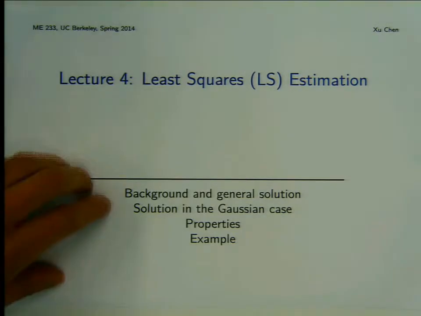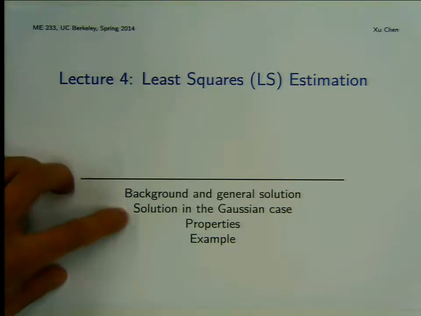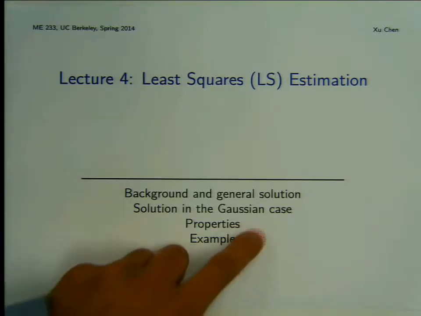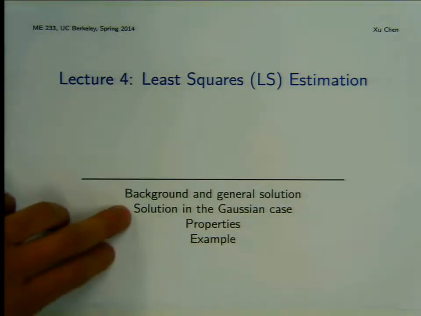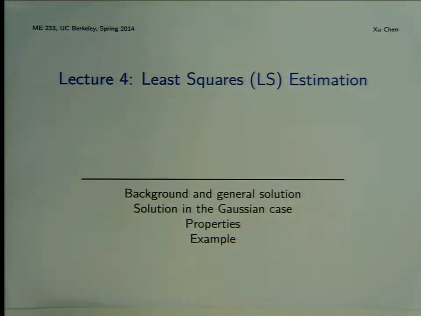Then, as we did in the review of probability theory, we'll first go from the general problem to the case where the randomness is Gaussian. Over there, you will see you can guess very nice solutions if everything is Gaussian. Then I'll discuss some properties of the estimation before we go to some examples.